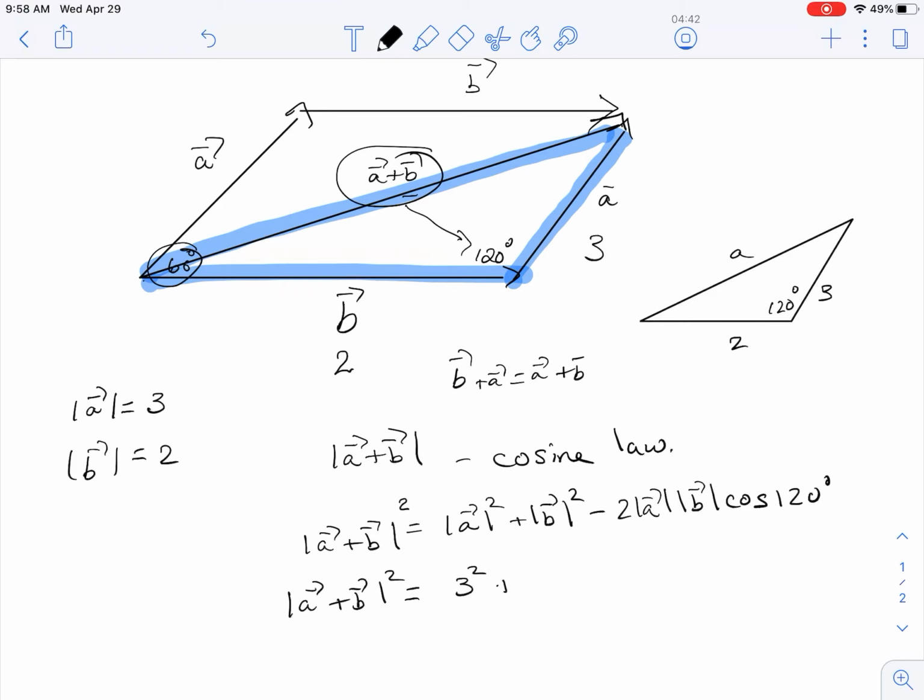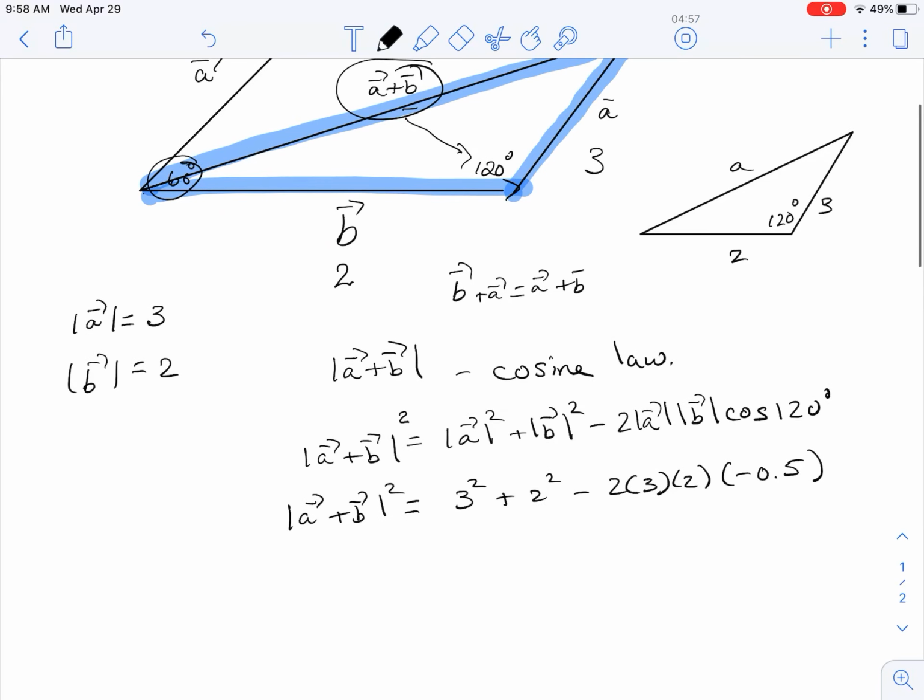So just filling in, that means we'd have 3 squared plus 2 squared. This is exactly the cosine law that we are used to for triangles finding lengths. Now we have to keep saying magnitude of A because we are talking about vectors.